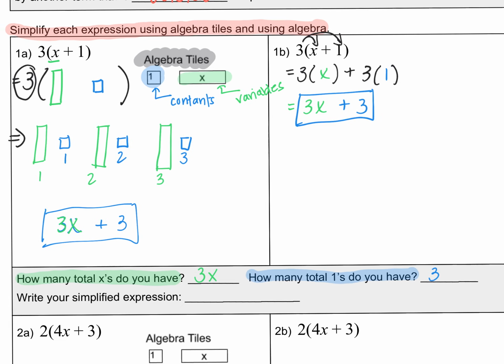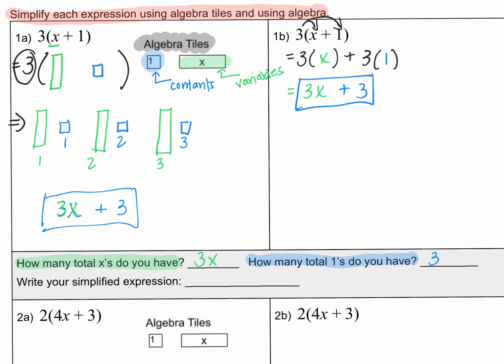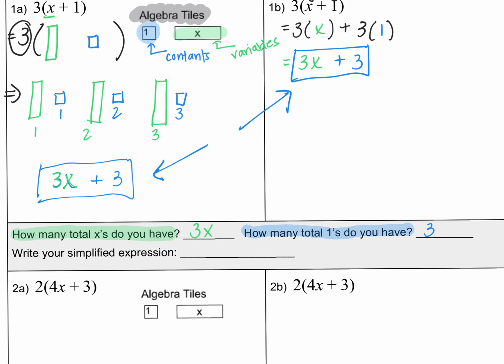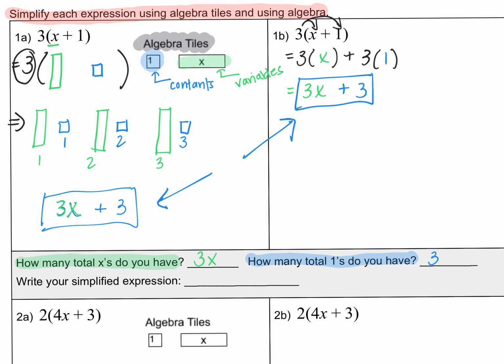So using algebra tiles and algebra, we have 3x plus 3. So our simplified expression is 3x plus 3.